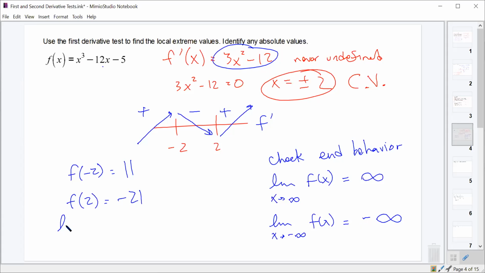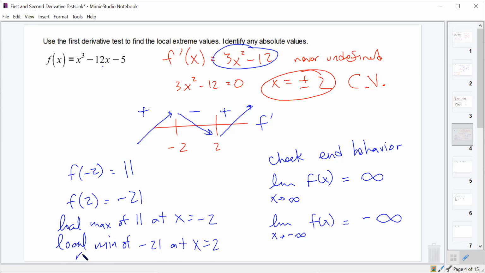So we would just say we have a local max of 11 at x equals negative 2. And we'd say we have a local min of negative 21 at x equals positive 2. And we would say no absolute max or min.